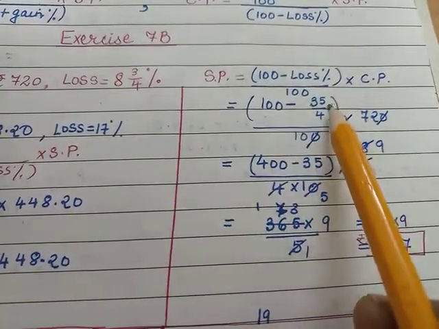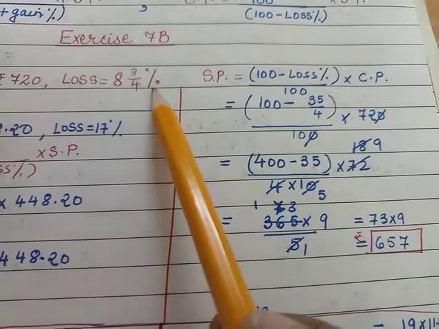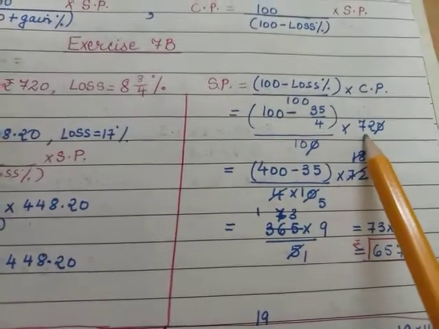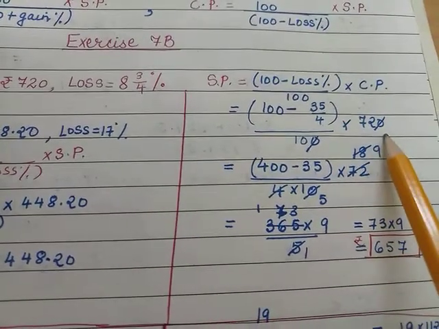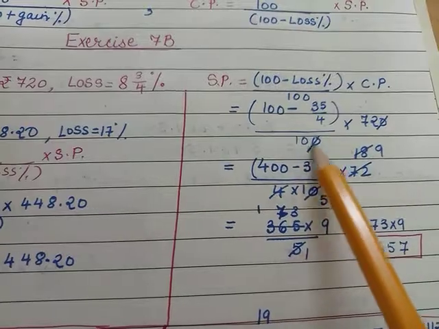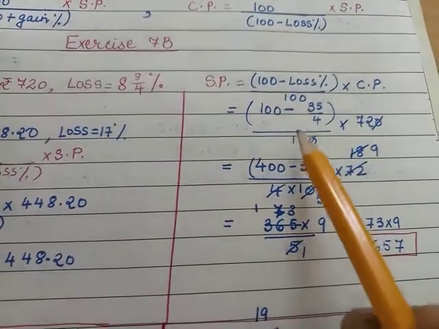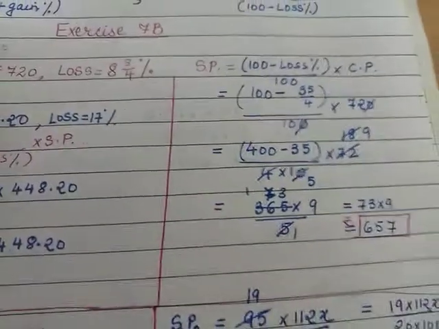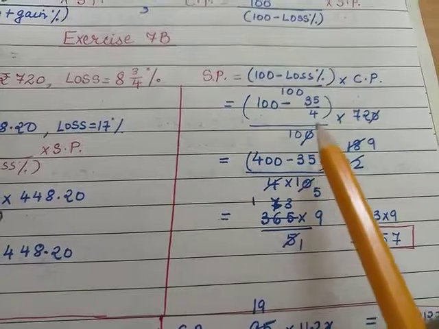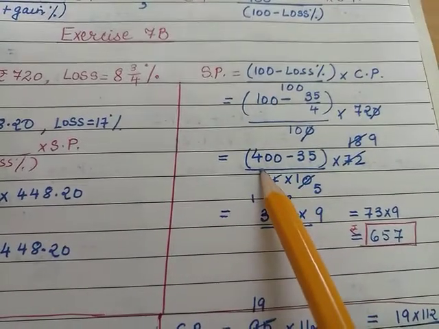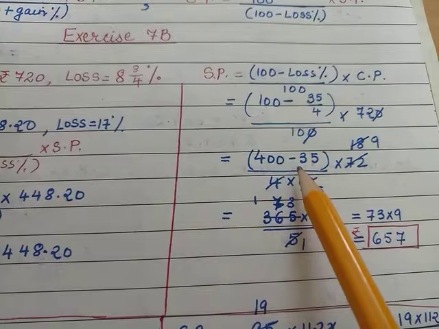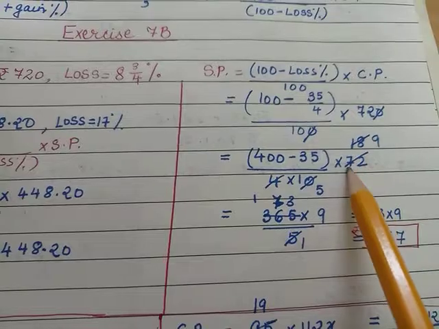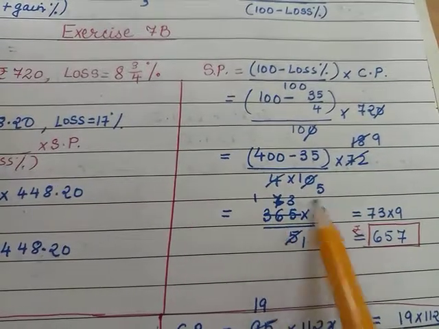So that becomes 100 minus, if we convert 8 whole 3 by 4 into an improper fraction, it becomes 35 by 4, into cost price, that is 720 upon 100. 0 and 0 get cancelled. 100 minus 35 by 4, 4 becomes the LCM. 4 into 100 will give you 400 minus 35 upon 4, this 4 will come in the denominator, into 10 into 72. So we cancel it all out.